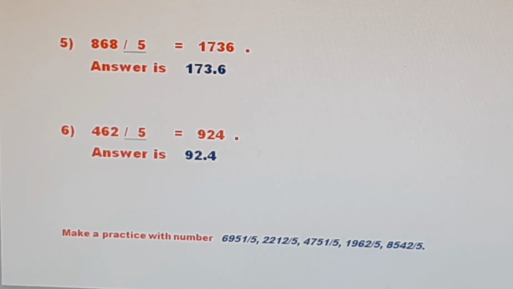First is 71. We will go with two figures only. 71 divided by 5.